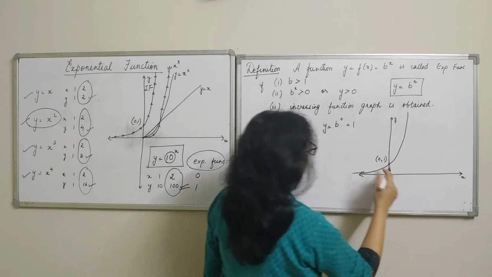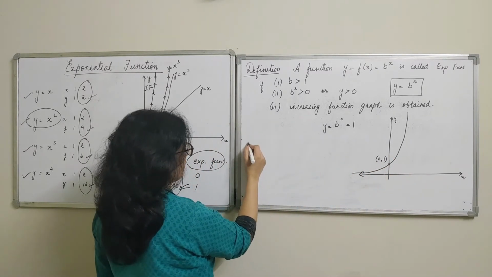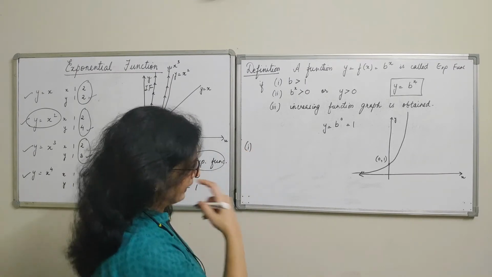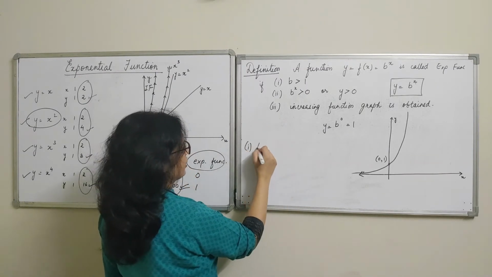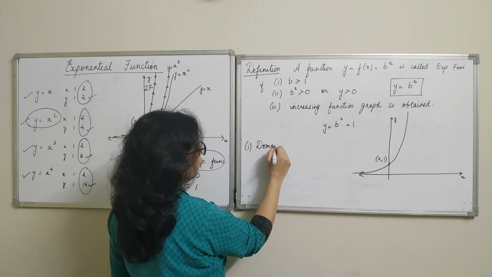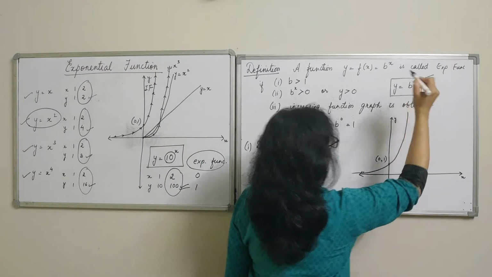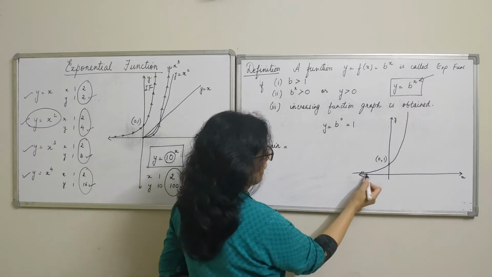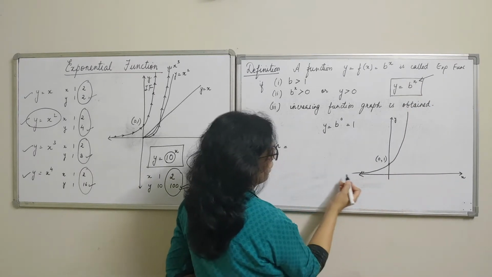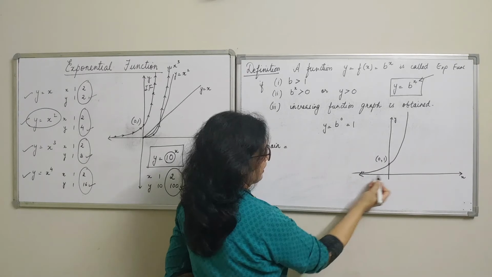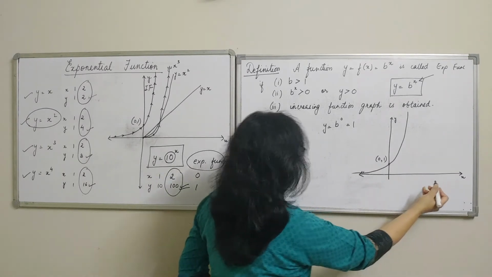Looking at this graph, we can see a number of things. The first point that comes into our mind is the domain of the exponential function. What is the domain? Domain basically means the values that you can assign to x. You can see here along the x-axis, if you move, it can be any negative value of x, it can be 0, it can be any positive value of x.